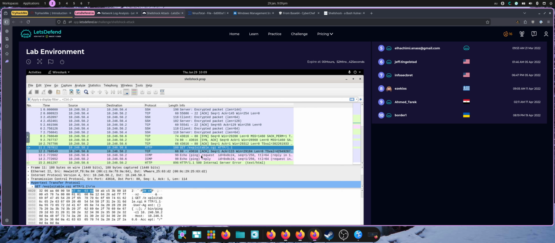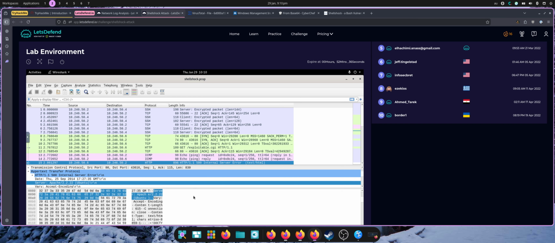So we want to try and find some information about the server, and we can see that the server has actually replied with an error, but more importantly the server has replied, so we'll have a lot of information from the server in here. And like we can see, we've got the server information and the operating system information.